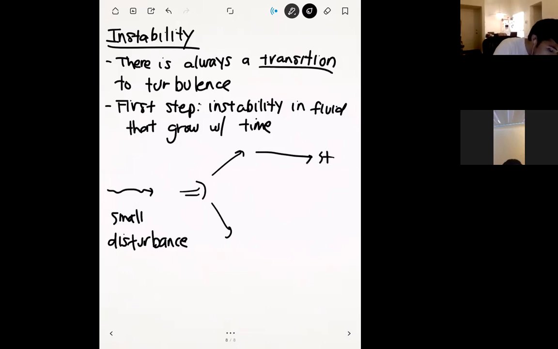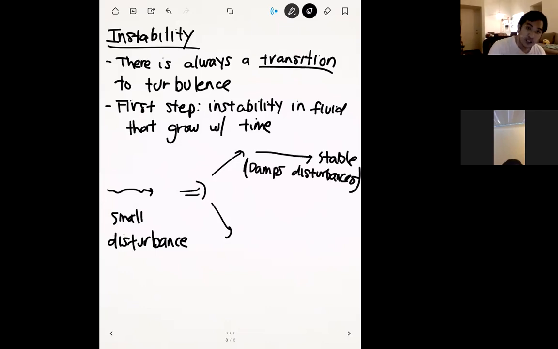So this is stable. The terminology we use to describe that is that the disturbances are damped. So they basically don't get an opportunity to grow. Okay? So that's the first case.